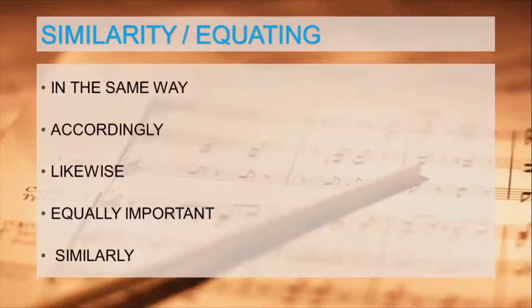For example, if America is having an increase in its population rate, whereas India is also showing an increasing trend, increasing day by day, we can say America is showing a dramatic increase over the period. Similarly, India also shows a similar pattern. Okay, so we are showing the similarity, or equating two similar points.